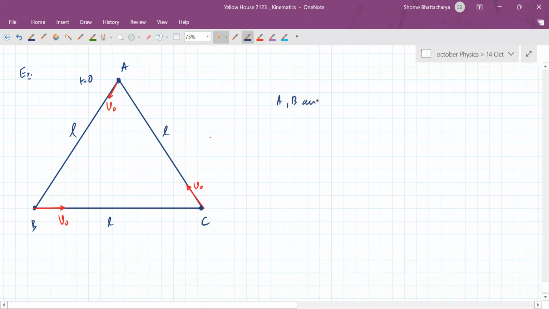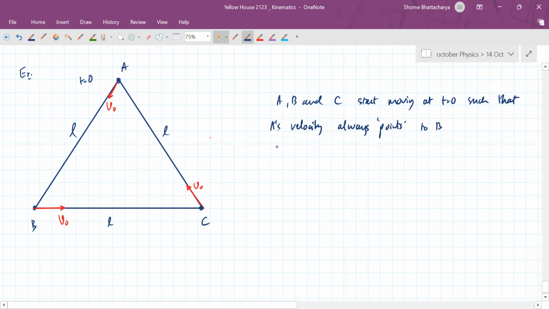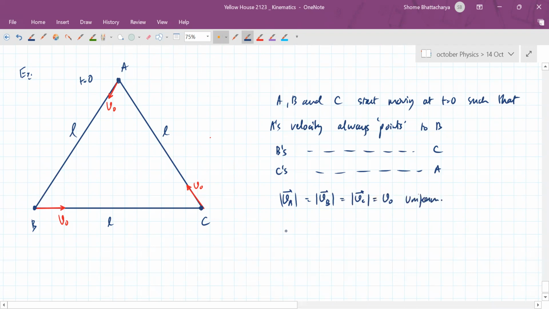So A, B, and C start moving at time t equal to 0, such that A's velocity always points to B, B's velocity always points to C, and C's velocity always points to A. And they move such that the magnitudes of their velocities are uniform, but the direction is always changing.